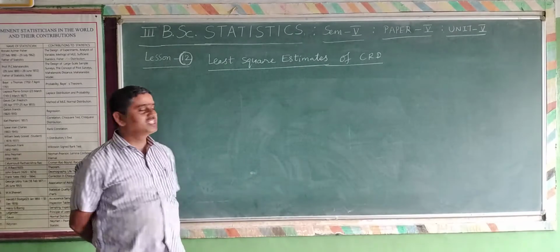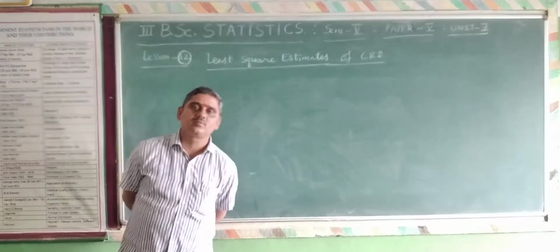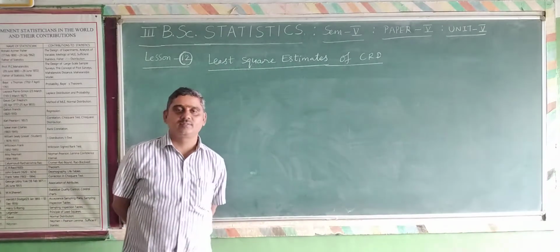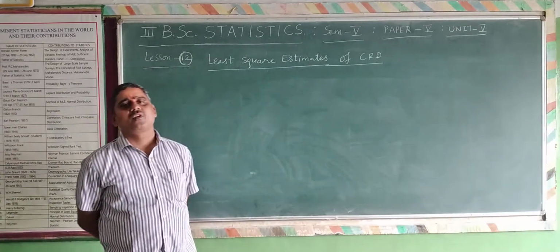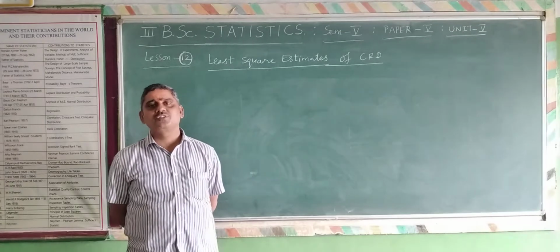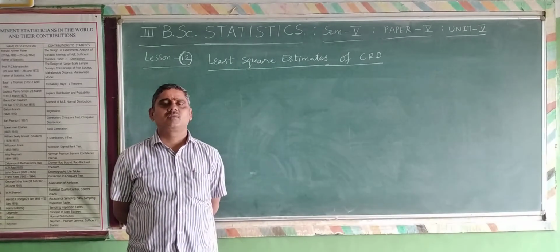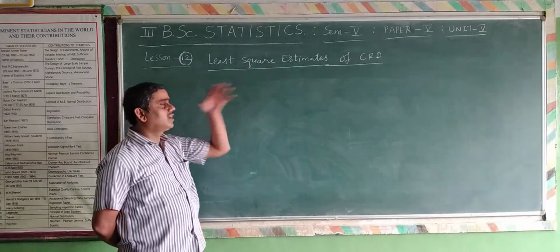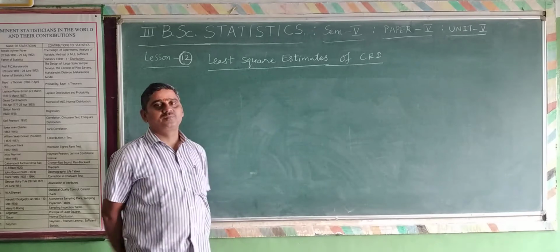The term itself speaks clearly. We have to estimate the parameters mu, alpha i, and of course epsilon ij later, by minimizing the error, by using the principle of least squares. That is the reason why it is specified as least square estimates.